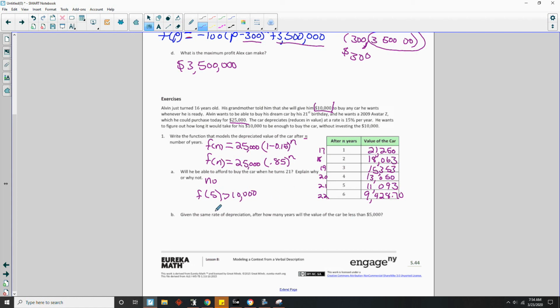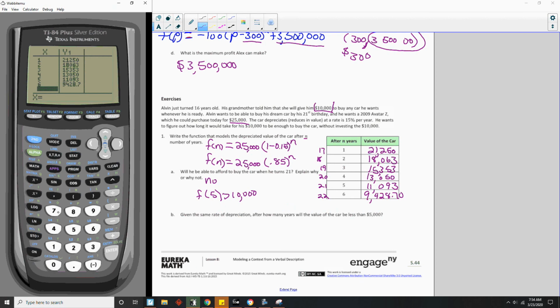B says, given the same rate of depreciation, after how many years will the value of the car be less than $5,000? So I'm just going to go back to my calculator, and I'm going to hit 7, enter. That's not less than 5. 8, enter. Keep going. 9, enter. Getting close. 10, enter.